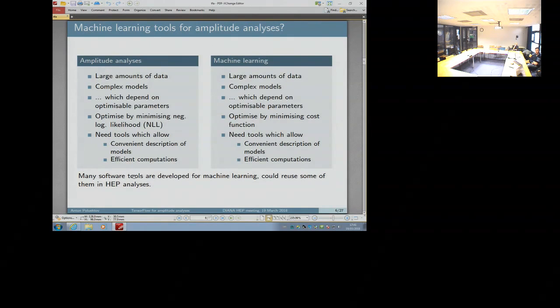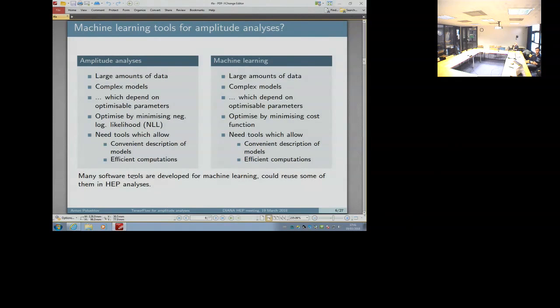And so basically the machine learning tasks and the tasks which are needed for amplitude analysis, for instance, or any other complicated fits in high energy physics are basically the same. So you have to deal with large amounts of data. For instance, we are dealing from thousands of events in B to DK decays to millions or maybe many hundreds of millions of events in charm samples.